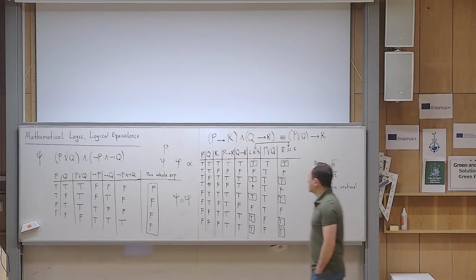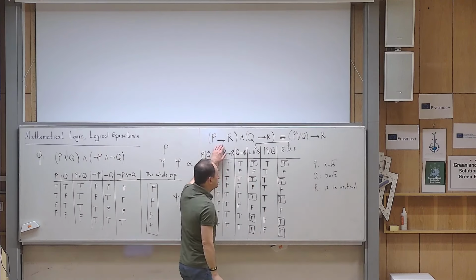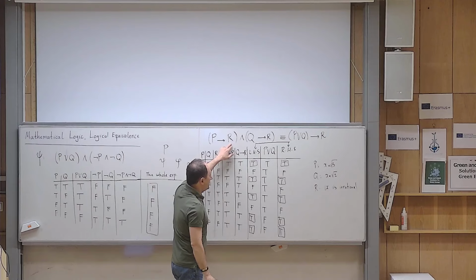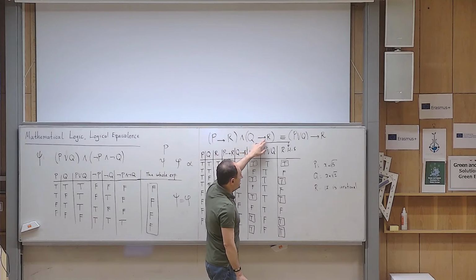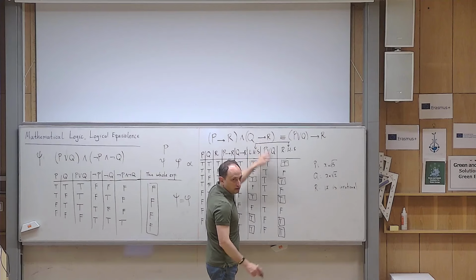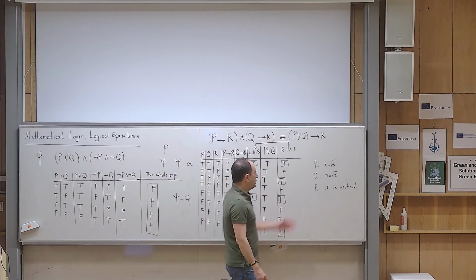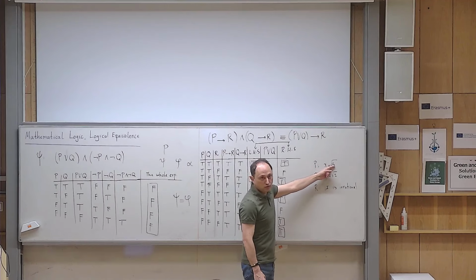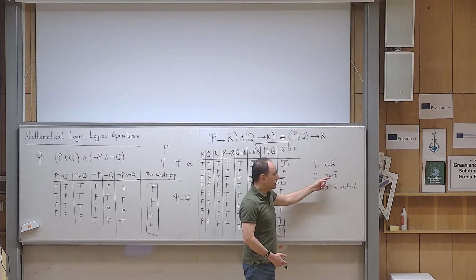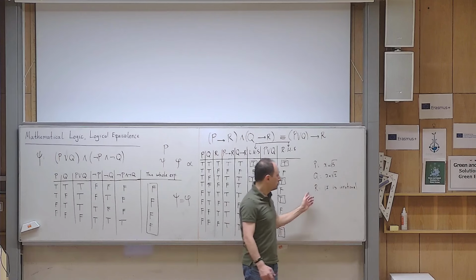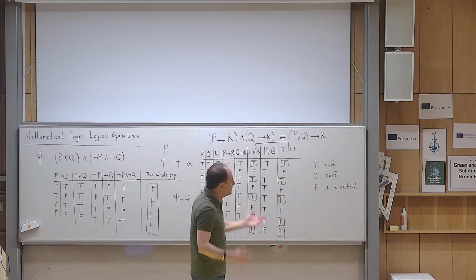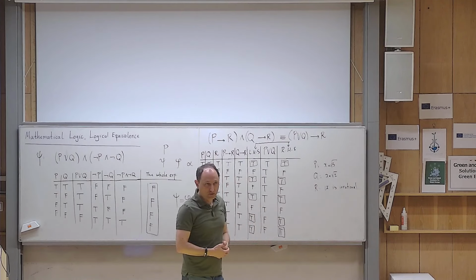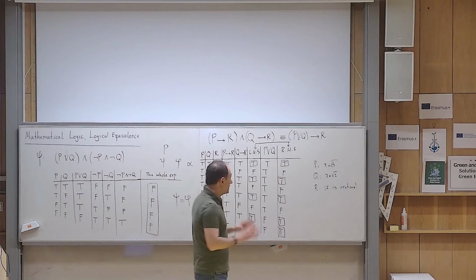Okay, for example, you say that if X is equal to square root of 3, then X is irrational. And if X is equal to a square root of 2, then X is irrational. You can equivalently say that if X is equal to a square root of 3, or if X is equal to a square root of 2, then X is irrational. So we have shown that these two propositional sentences are equivalent, for all cases.